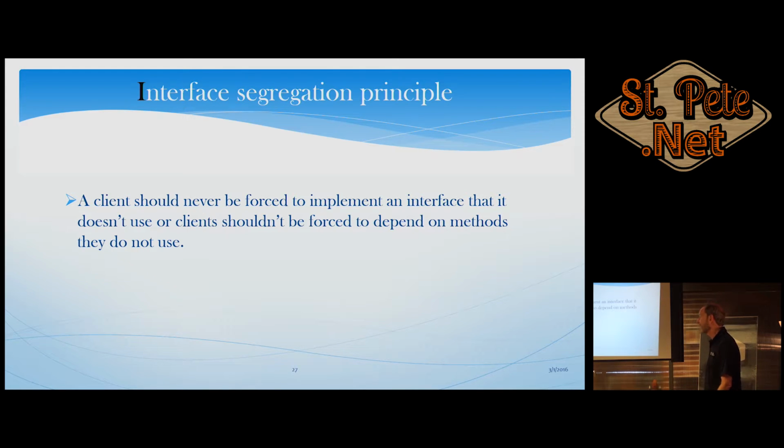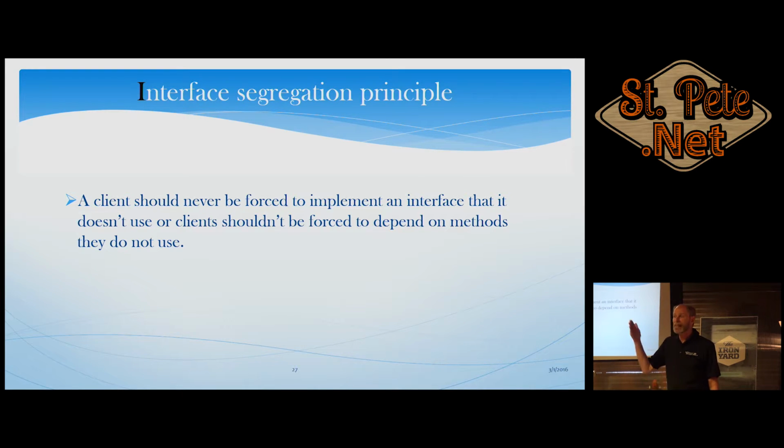Interface segregation says, having a lot of little interfaces allows people to be concerned with just the aspect they're using, and if you have to substitute in a different class for a specific use case, it's so much easier because you only have to implement that little part.